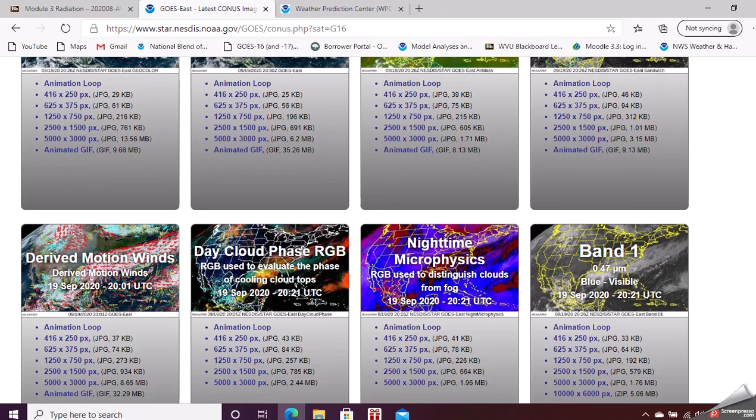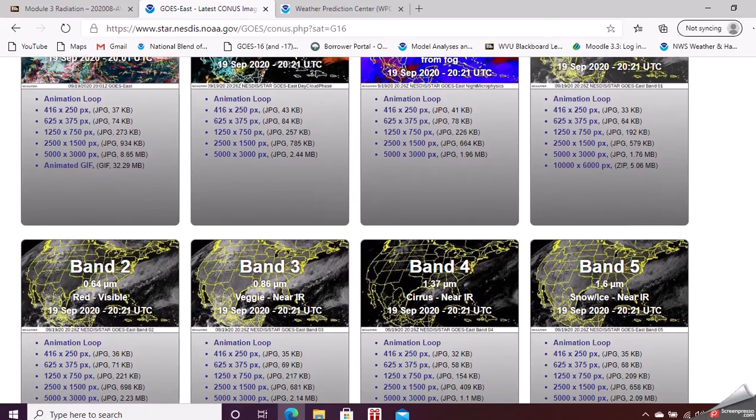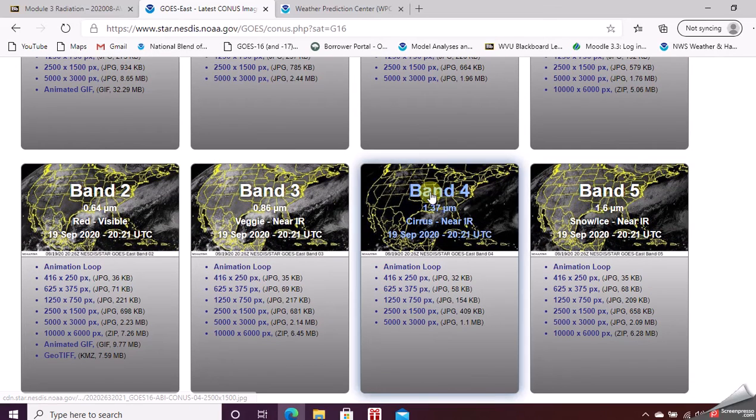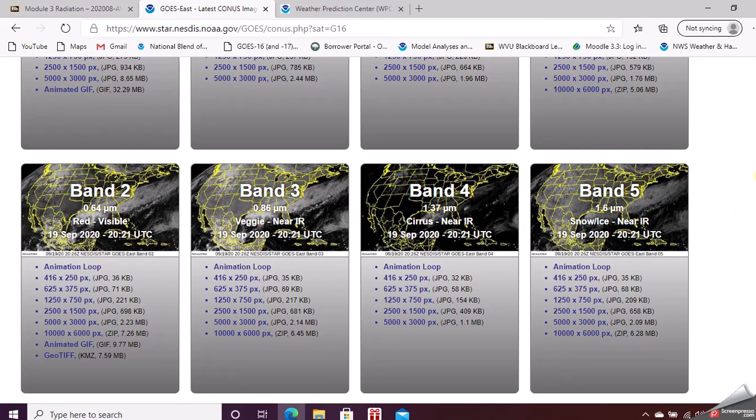So they're visible in band 1 with 0.47 and band 2 with 0.64. Notice one's red, one blue. You have an infrared near the surface called Veggie. A high infrared, 1.3 microns. 1.6 is like snow and ice.